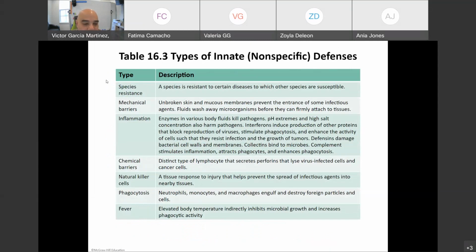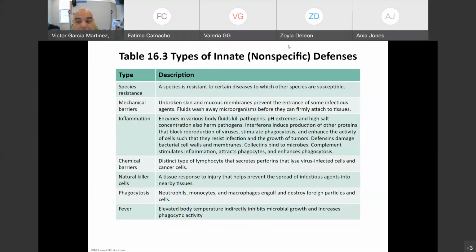This one is a general defense against infections. Some species are resistant to certain diseases to which other species are susceptible. For example, we have infections that dogs and cats are not able to get, and we are resistant against their infections because we have specific germs to cause diseases in our body, and they have specific germs to cause diseases in their bodies.